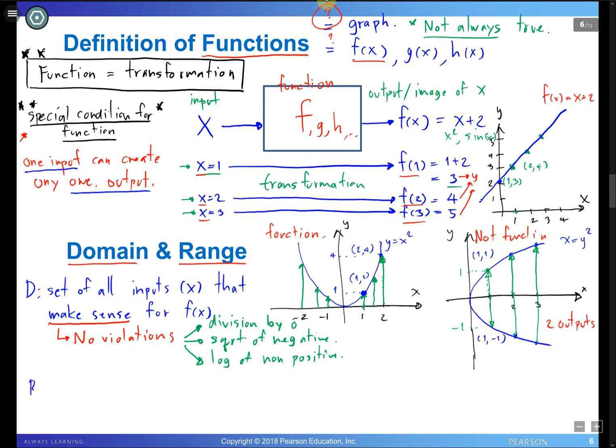R is the set of all possible values of the image of x, which is f(x).